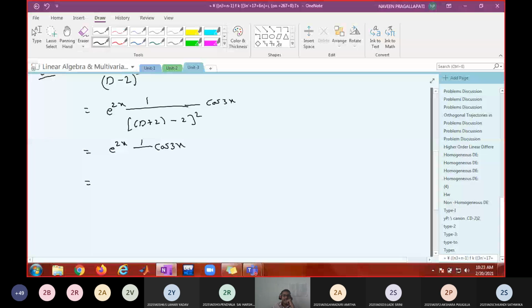Okay, I understand that. But what is the interpretation of 1 by d square? You said 1 by d means integration. What will be 1 by d square? Two times integration, 1 by d of 1 by d, no?